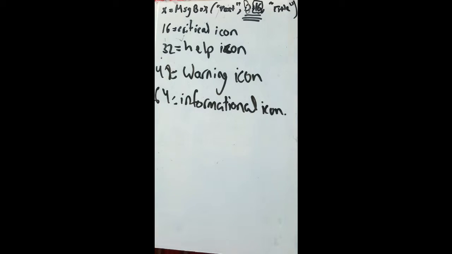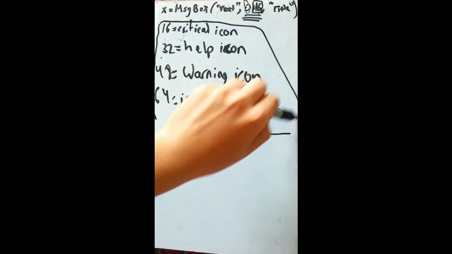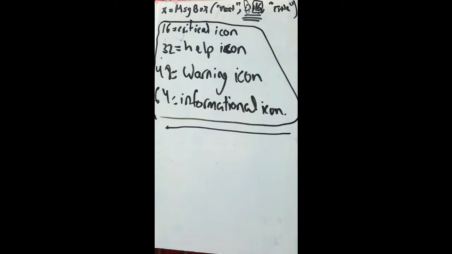The 32 gives you a help icon. The 48 gives you a warning icon, whereas the 64 gives you an informational icon. And in the next step, we're gonna try all these in a multi-message code, a code that will give you many messages with many buttons and many icons.